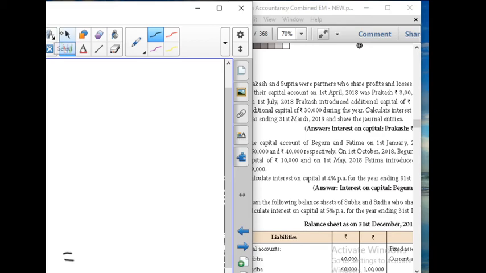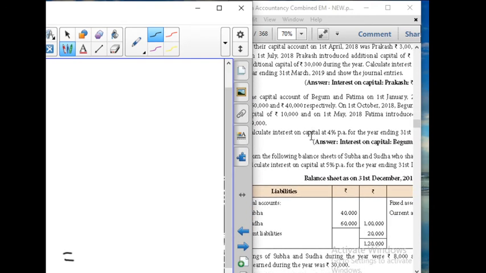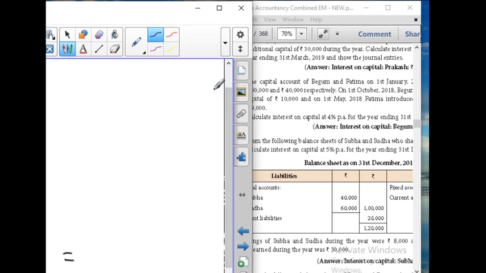Eighth question. From the following balance sheet of Shubha and Sudha. Okay, so liabilities and assets are given. The drawings of Shubha and Sudha during the year were rupees 8,000 and 10,000 respectively. Profit earned during the year was 30,000. So we have to calculate the interest on capital.